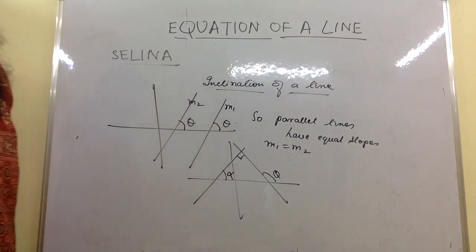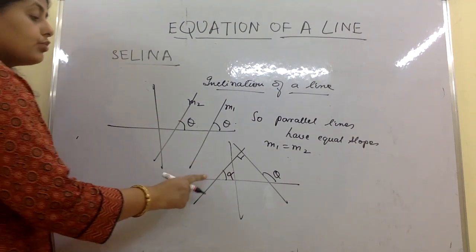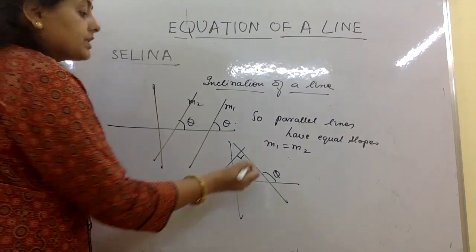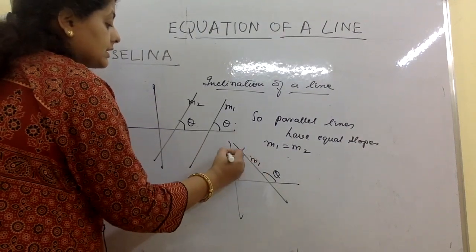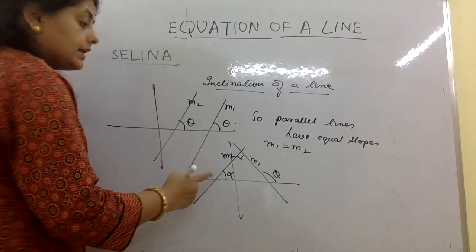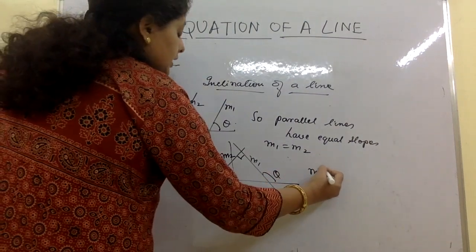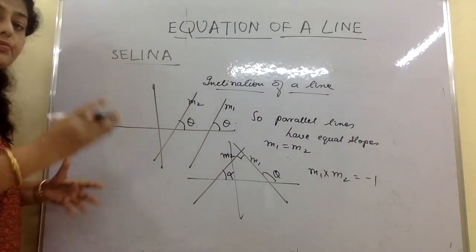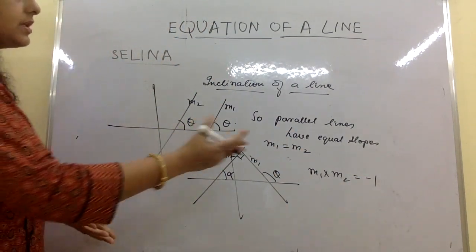Now if two lines are perpendicular to one another, then if this has a slope of m1 and this has a slope of m2, then m1 into m2 will always be minus 1. That is, product of their slopes will always be minus 1.